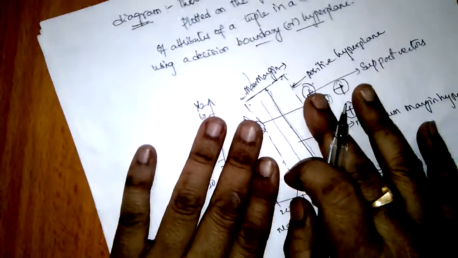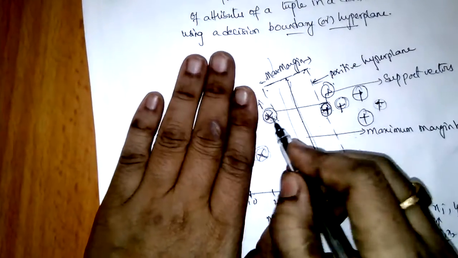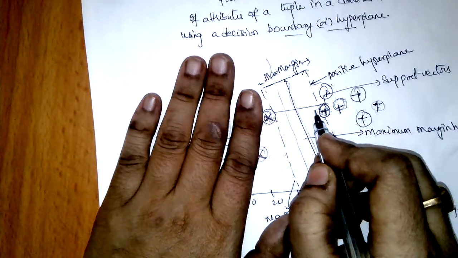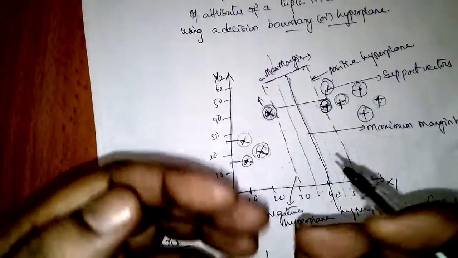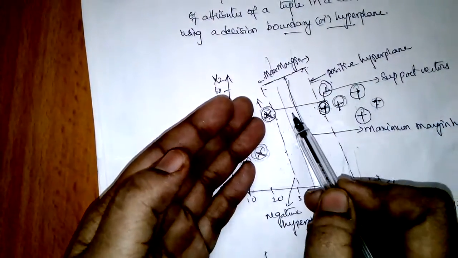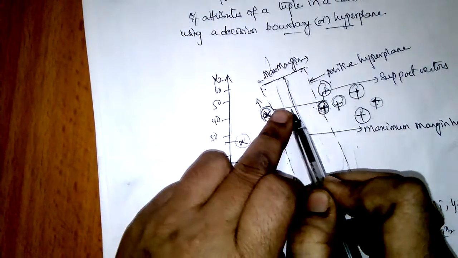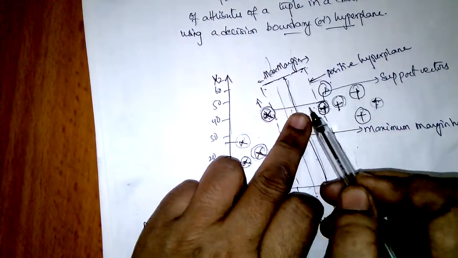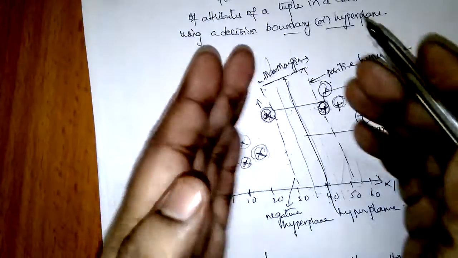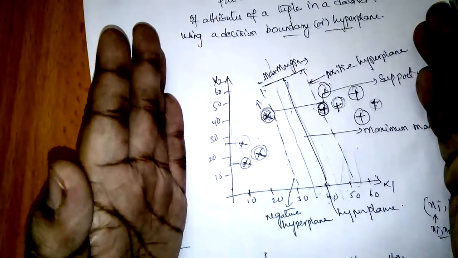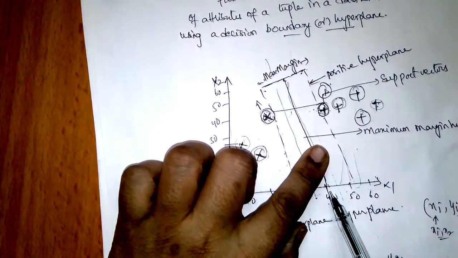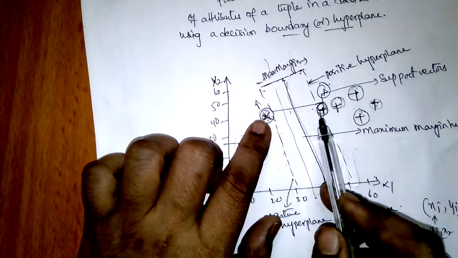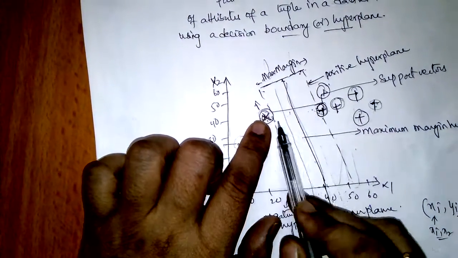When we give some more input values we may get input values very near to this or to this. So we partition the data into two classes by using this hyperplane, and these two are very near inputs.